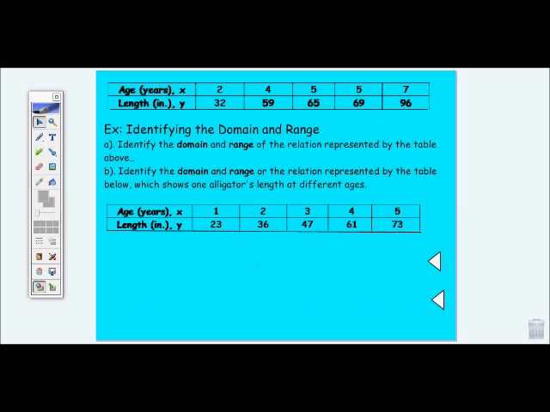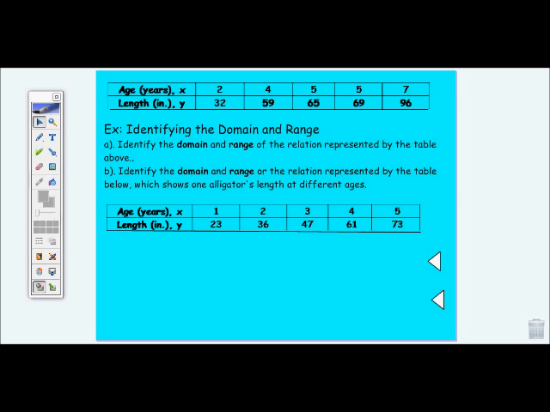So first of all, I copied and pasted that table from the first slide there. And this is example 1, identifying the domain and range. The questions are, first, identify the domain and range of the relation represented by the table above, and then identify the domain and range of the relation represented by the table below.